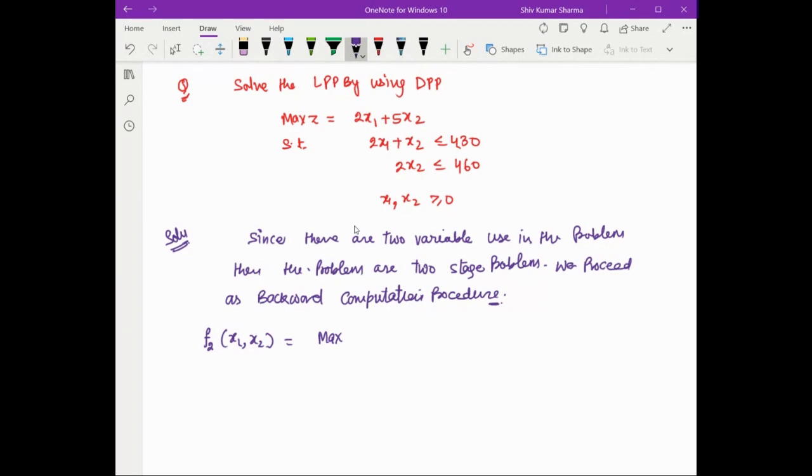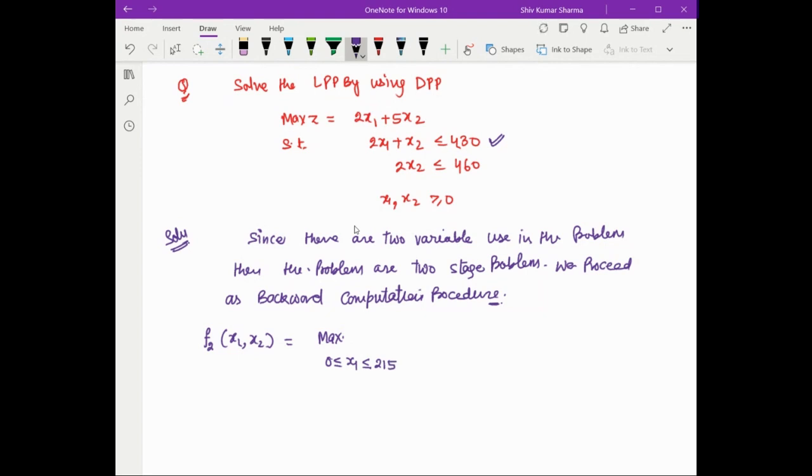The first constraint contains only x1, so we write the maximum value of x1. When we put x2 equal to 0, this gives us 215. So x1 lies between 0 to 215.